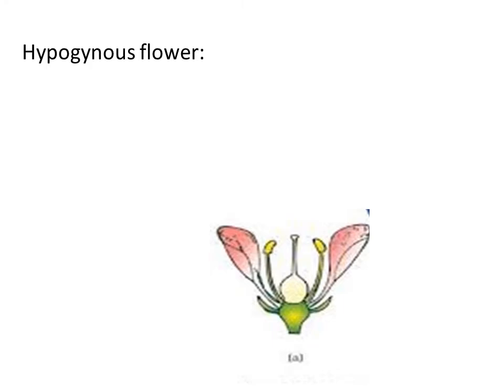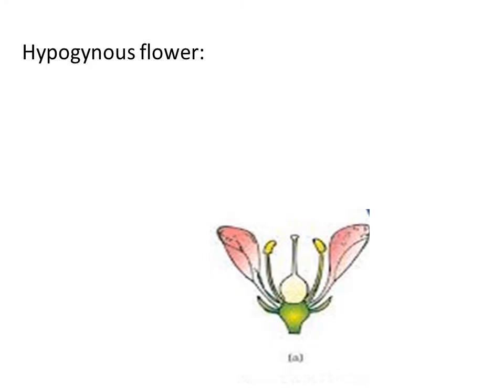You just observe in the diagram, the ovary position is above the thalamus, and all other whorls like androecium, then corolla, then calyx, they are present just below the ovary, right? So when the position of ovary is above the thalamus and all other whorls are present below the ovary, such a kind of flower is called hypogynous flower.